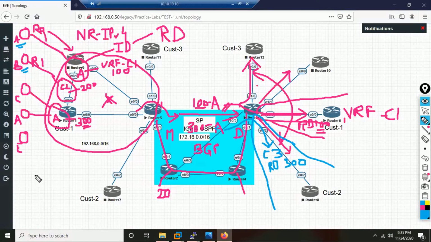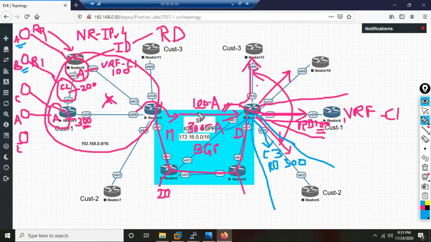Everybody has A. Still, what will happen with VRF? First of all, because of VRF, you're keeping every customer's network A separate. No two customer routes get mixed up. Yes, very good. Then, when from the VRF you redistribute the routes into BGP, what is happening?